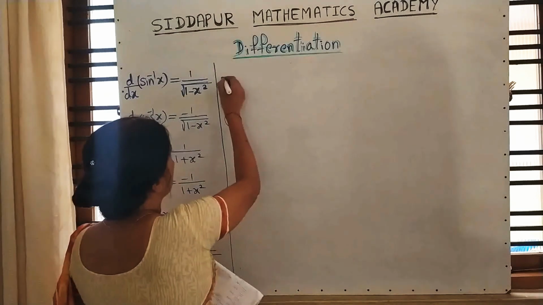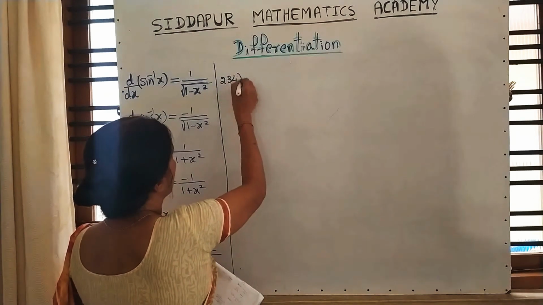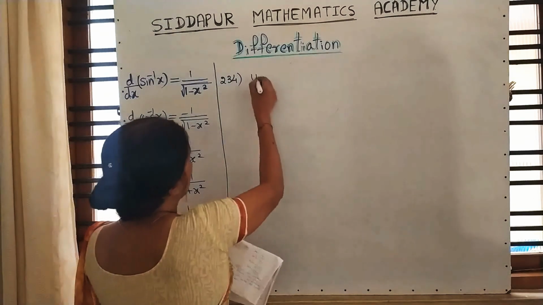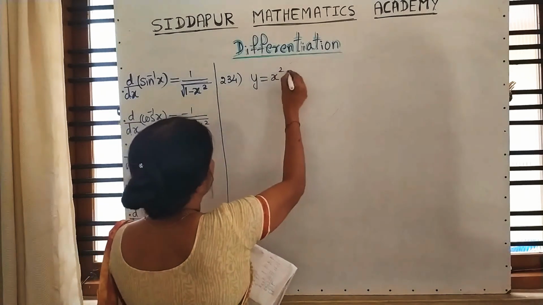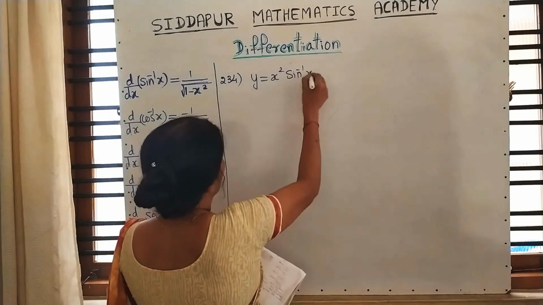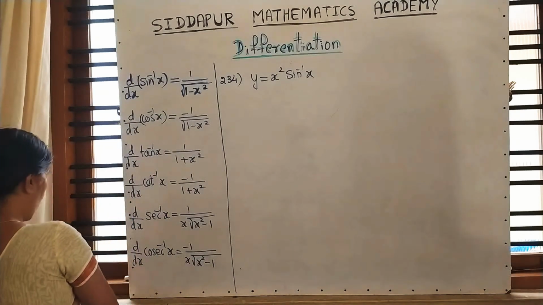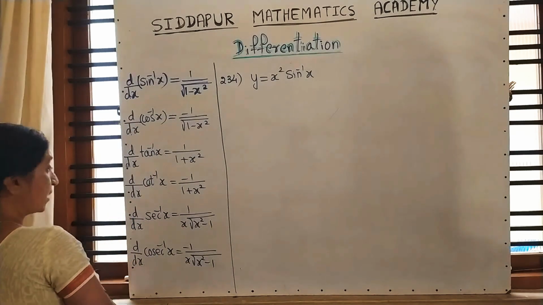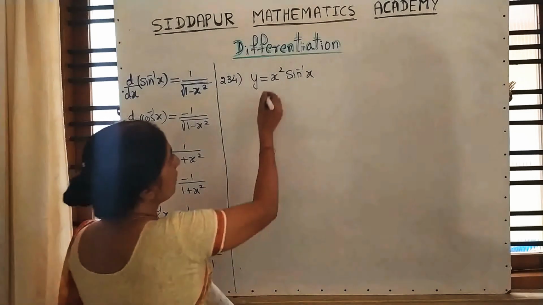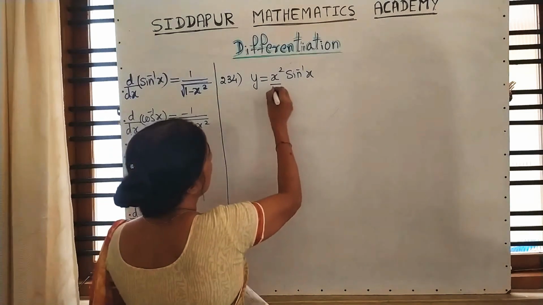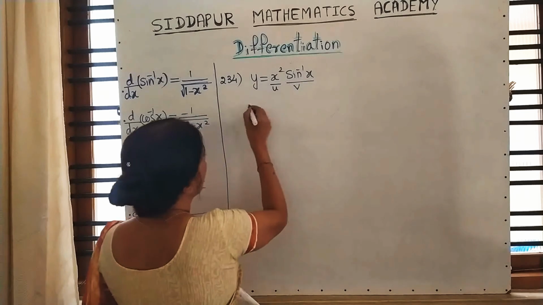Question number 234. Y is equal to x square into sin inverse x. The problem is the same: find the derivative or differentiate the following with respect to x. Here, even though it contains sin inverse, this is in the form of u into v.